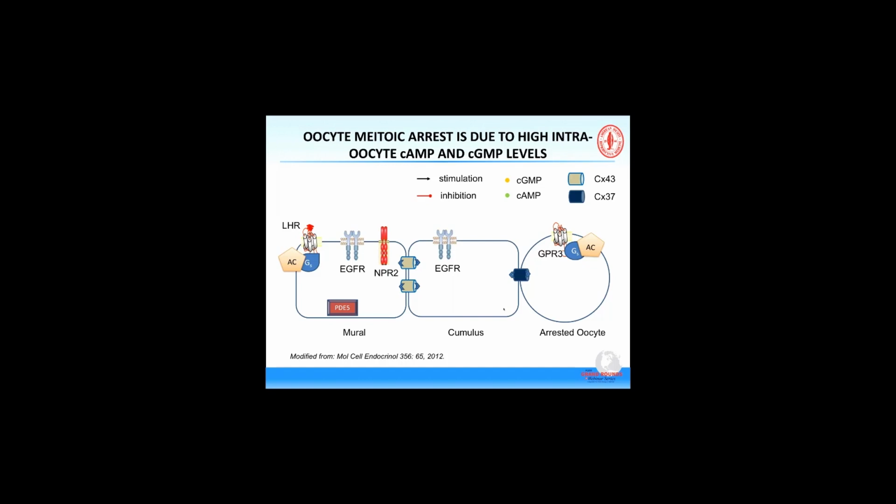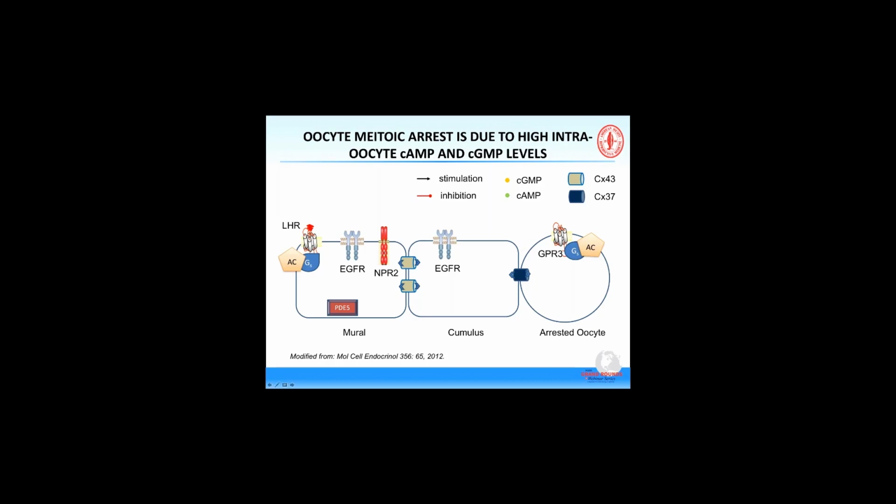So let me try to put all of this together in the context of the three receptors that we discussed. The LH receptor is a prototypical G protein coupled receptor. This is present only in mural granulosa cells. The EGF receptor is a tyrosine kinase receptor and is present in mural and cumulus cells.